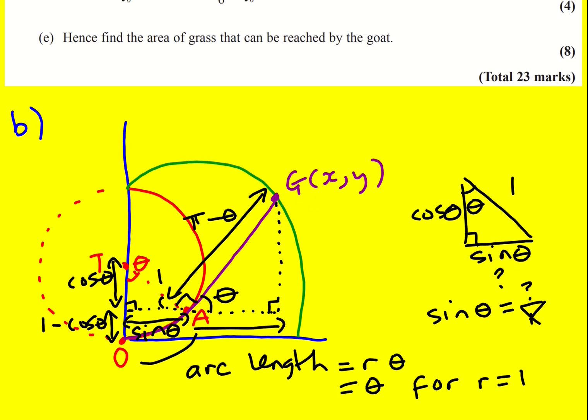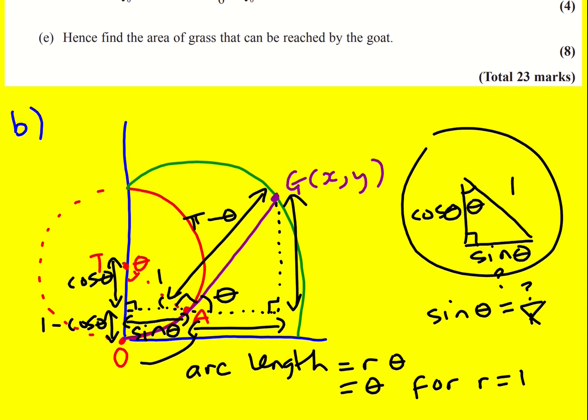And we can use a similar argument to over here to get the lengths. Running short of space, but this one is going to be pi minus theta times sine theta, because it's opposite the angle. I've just used trigonometry.